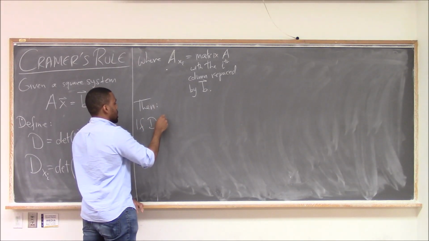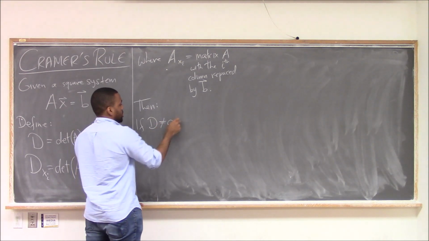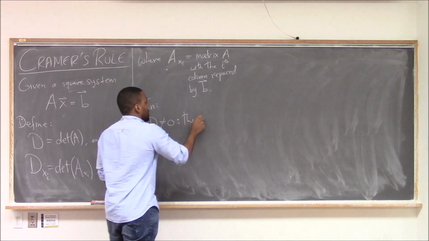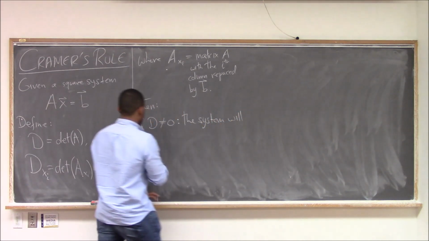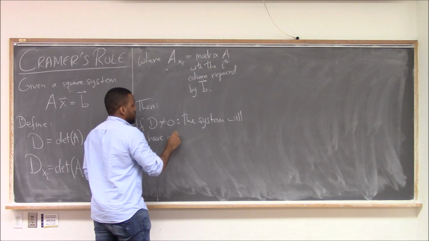it turns out we can find the solution to the system in terms of determinants. If D is not equal to 0, the system will have a unique solution.